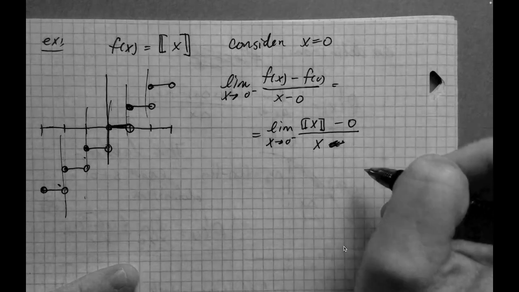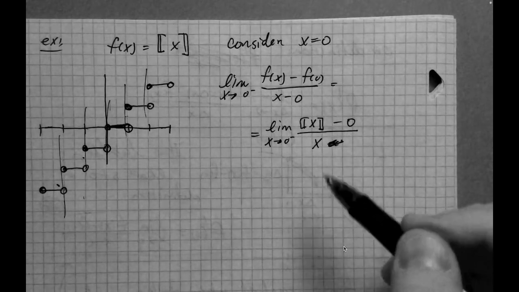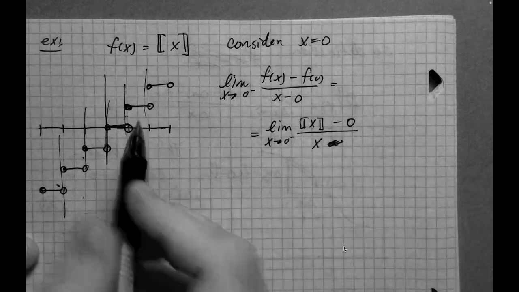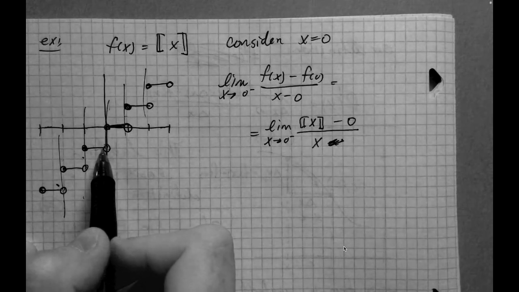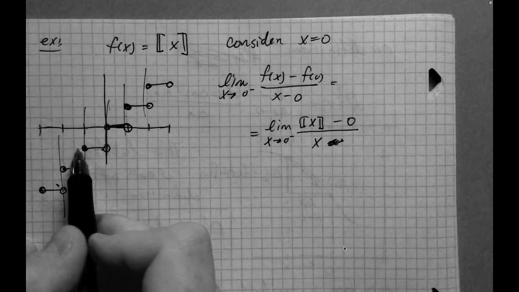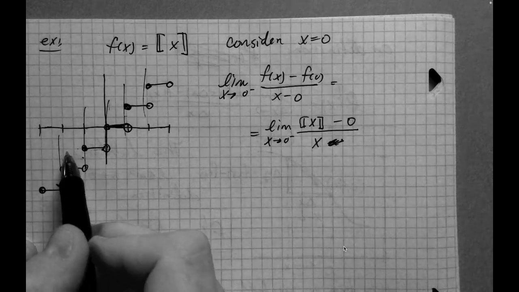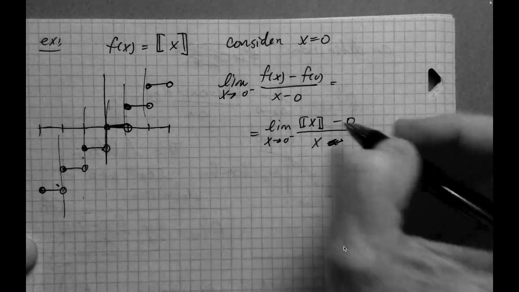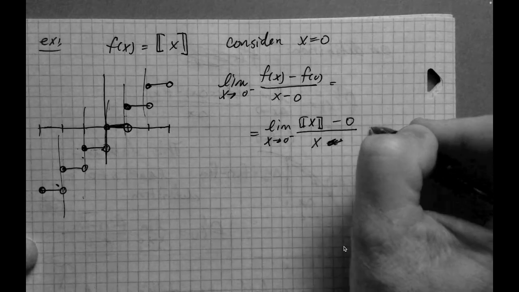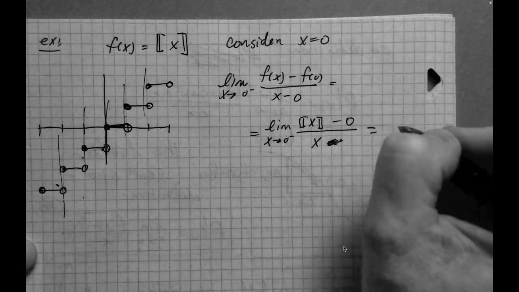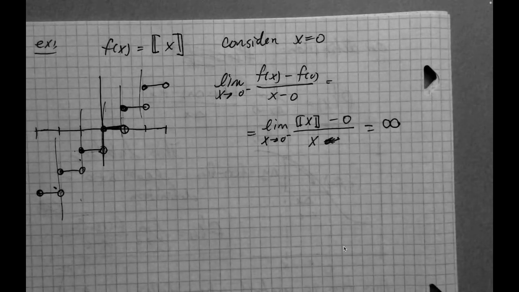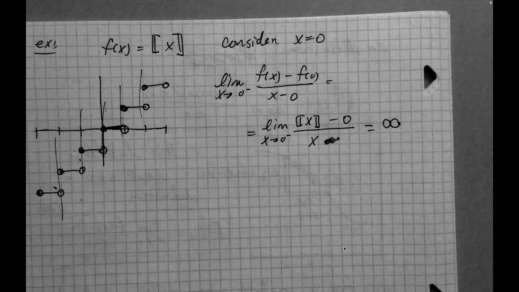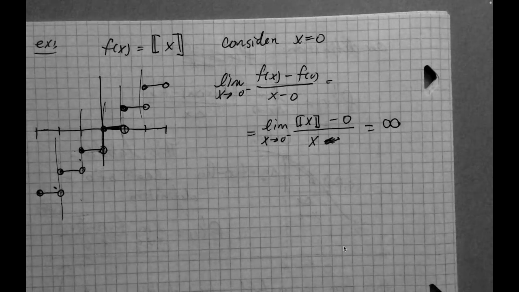I'll just put x. What happens here? In the numerator, we're approaching 0 from the left-hand side. The function isn't defined at 0, but we're just getting close to 0. And so what happens to the numerator? We plug this in, and you end up with a 0 up top, and so the value of the limit goes to basically 0 divided by x approaching 0, so it becomes infinite.